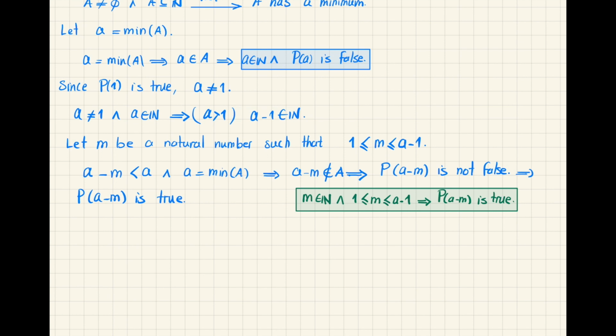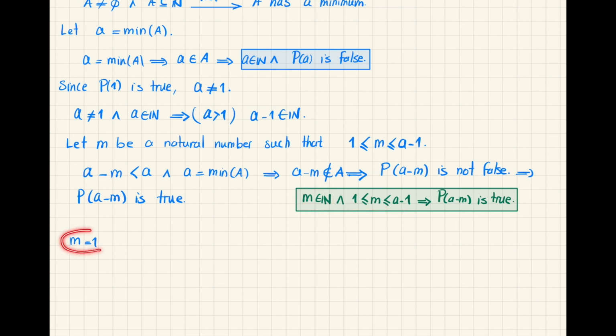Now I want to use this over and over again for different values of M that I can choose from this interval. So here, let me choose M equal to 1. Am I allowed to choose M equal to 1? Yes, because it satisfies being natural. It also satisfies this condition.